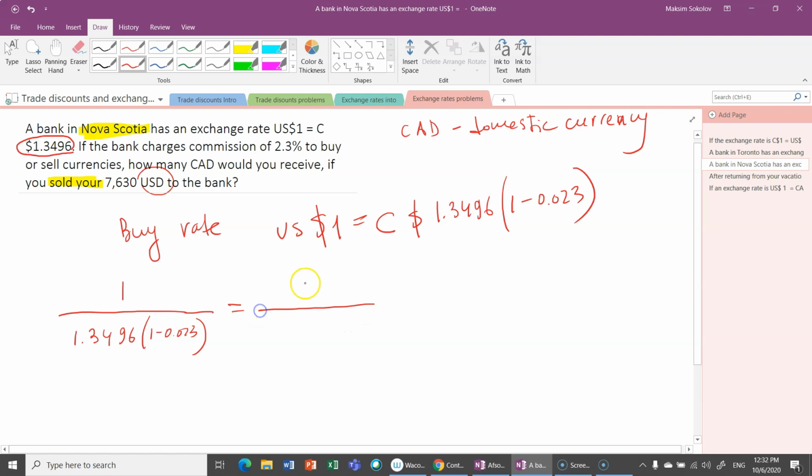So 1 USD is being bought for this much Canadian dollars. And again, we build that equation here. So we now have 7,630 USD, which is to X Canadian dollars.